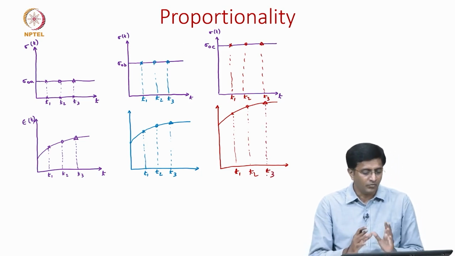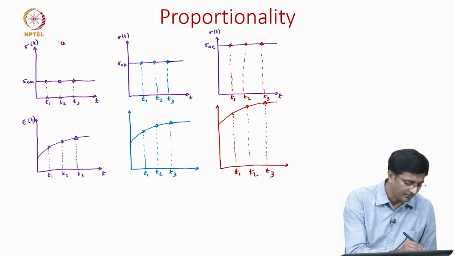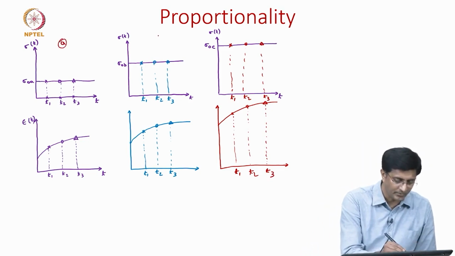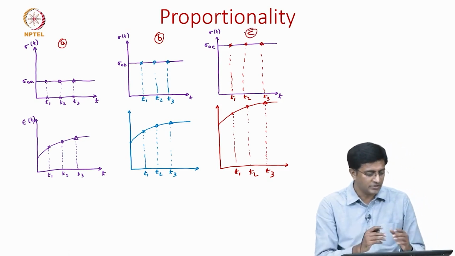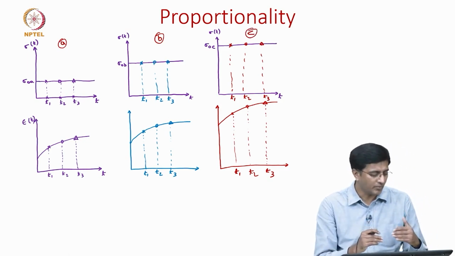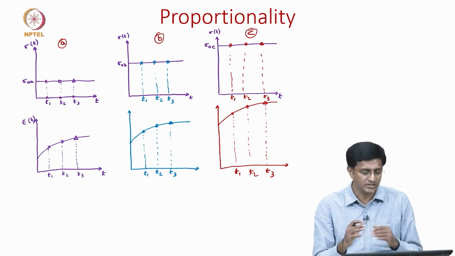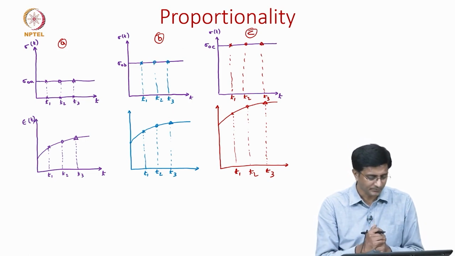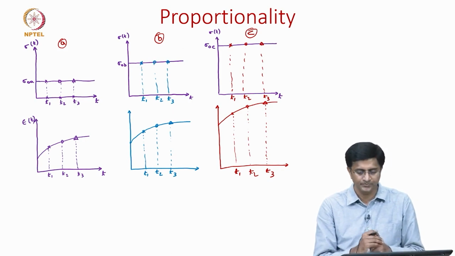Okay. Now we have seen these 3 experiments. Let us say these are experiment A, experiment B, experiment C. The only difference is the amount of stress we have applied in A is the least and C is the highest and B is in between. And for this we have looked at what is the response at each of these loads.